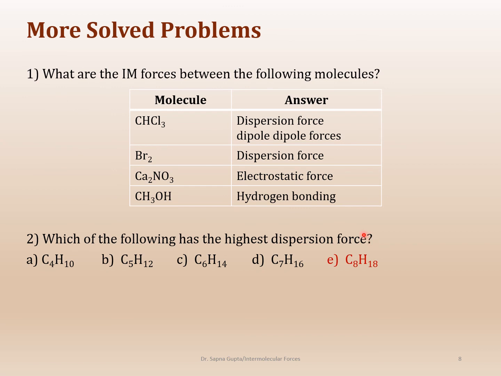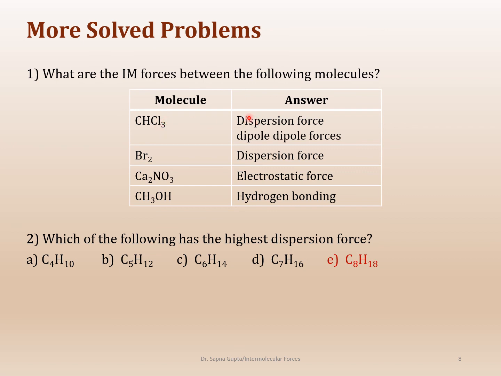Here are some more examples. If we have CHCl3, what kind of intermolecular force will you see? In this case, you will see dispersion force as well as dipole-dipole, because the three chlorines give a dipole moment to this.